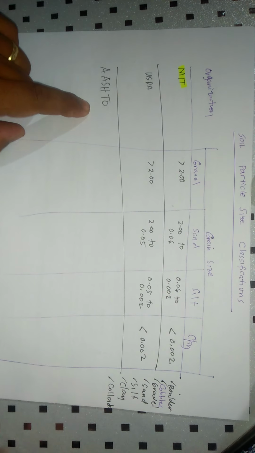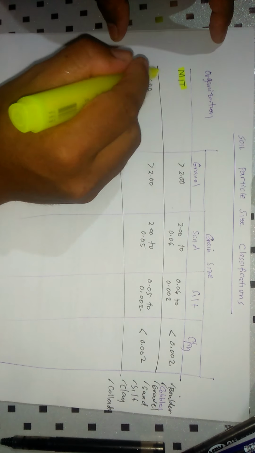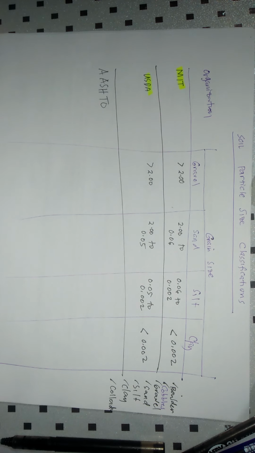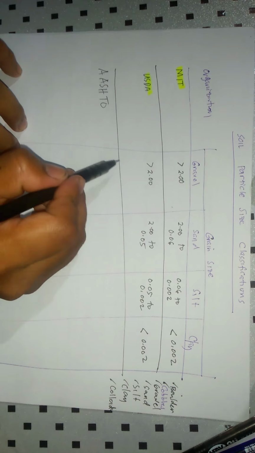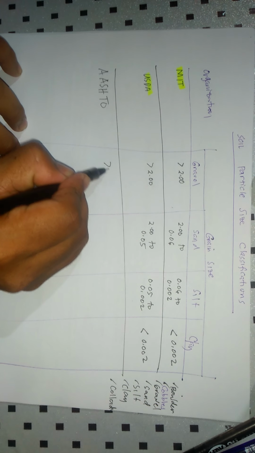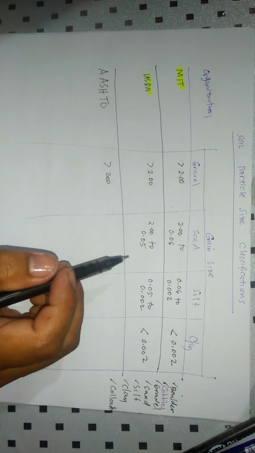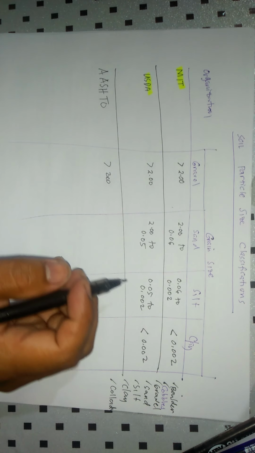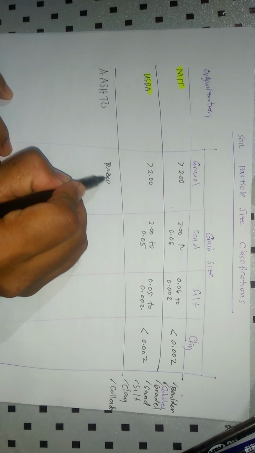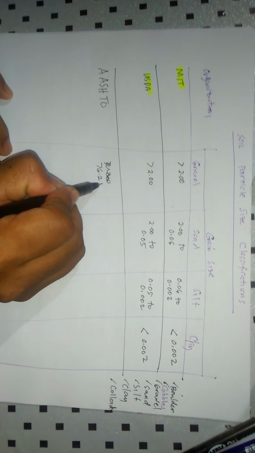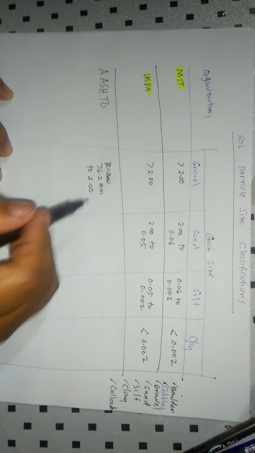And then for your AASHTO, this is what we call your American Association of State Highway and Transportation Officials. We can say it is gravel if it is greater than 2.0. And then our AASHTO gravel is from 76.2 mm to 2.0 mm.